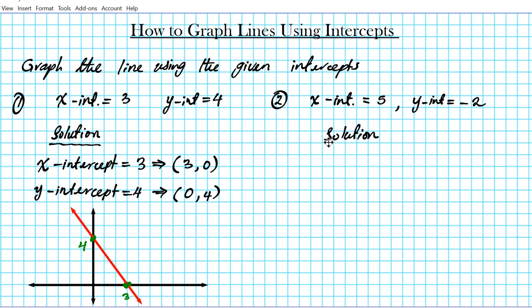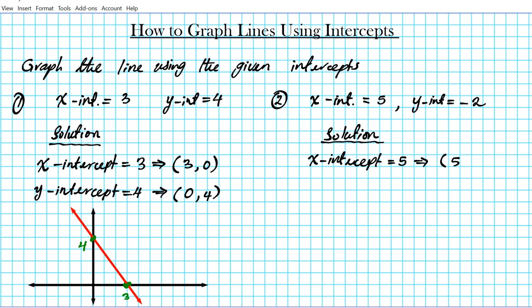Now we're going to use the definition of what intercepts are to write down the coordinate representation of the information we have here. So the x-intercept means what? X-intercept equals 5 means the line cuts the graph at 5 on the x-axis. So we know that it goes through what point?